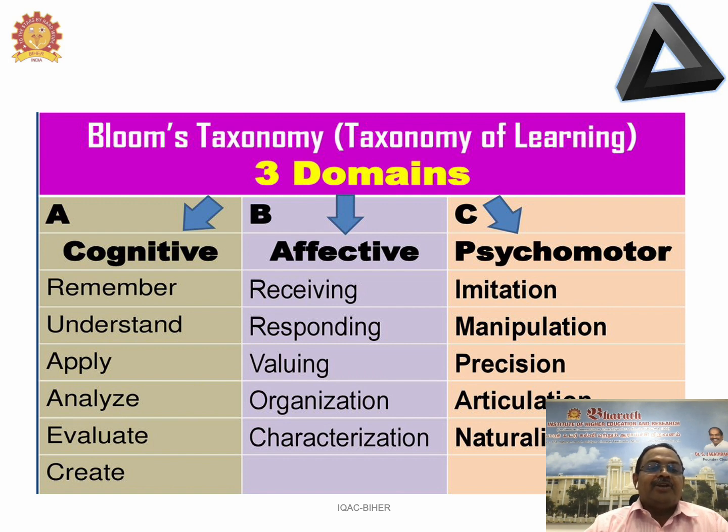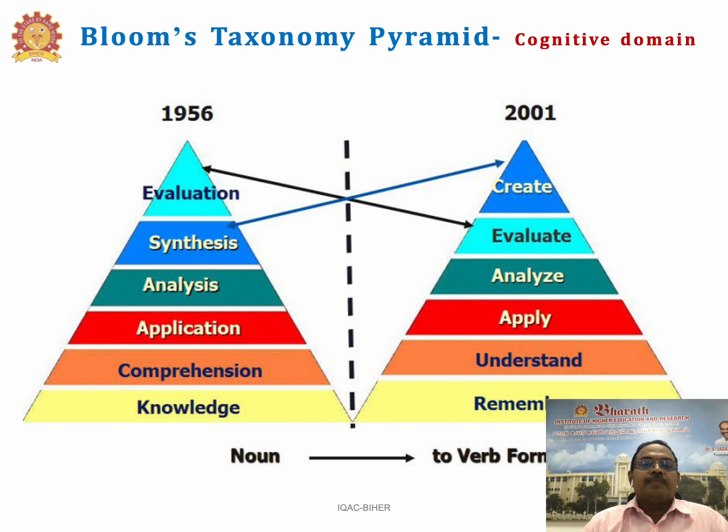Similarly, the affective domain has 5 different levels: receiving, responding, valuing, organizing, and characterization. And the psychomotor domain is possible with different levels. 5 levels are available: imitation, manipulation, precision, articulation, and naturalization.